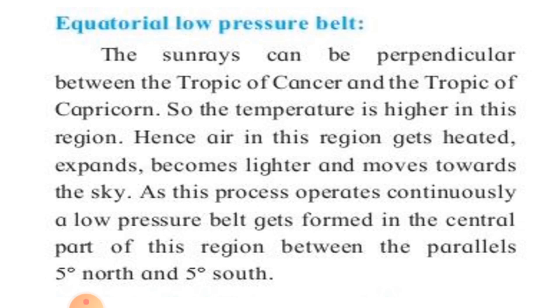Hence air in this region gets heated, expands, becomes lighter and moves toward the sky. As this process operates continuously, a low pressure belt gets formed in the central part of this region between the parallels 5 degrees north and 5 degrees south.